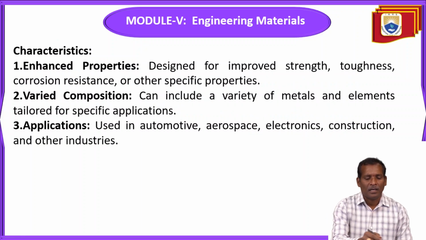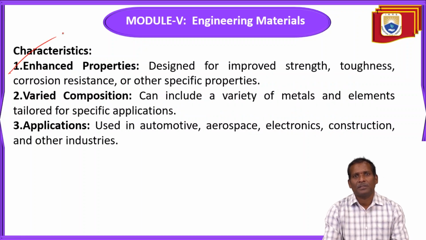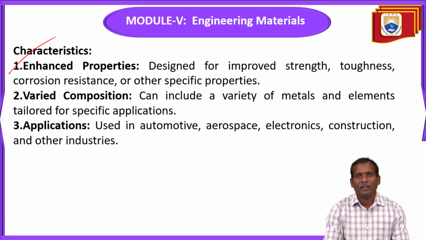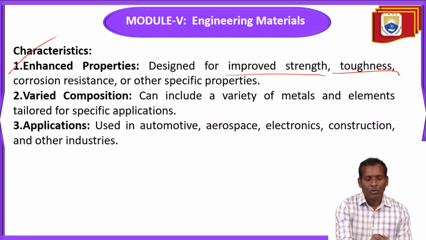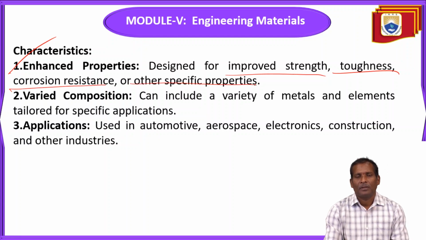So the characteristics are enhanced properties, designed for improved strength and toughness, corrosion resistance and other specific properties. The varied composition can include a variety of metals and elements tailored for specific applications.